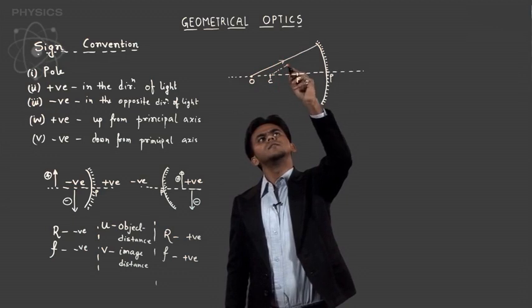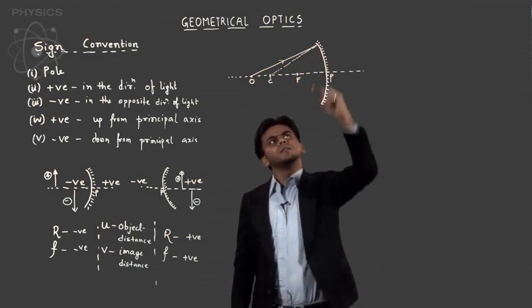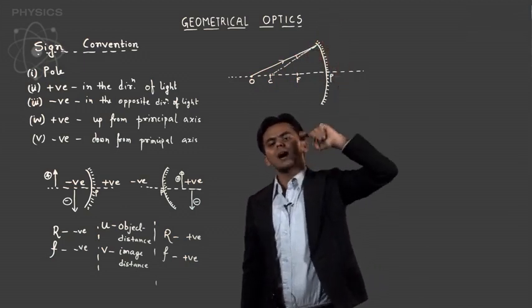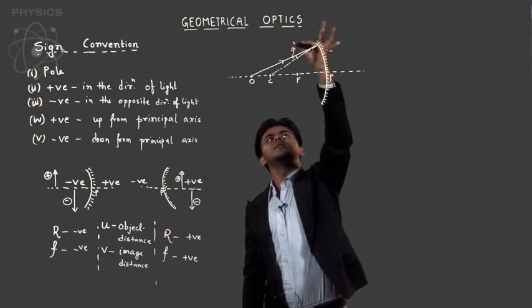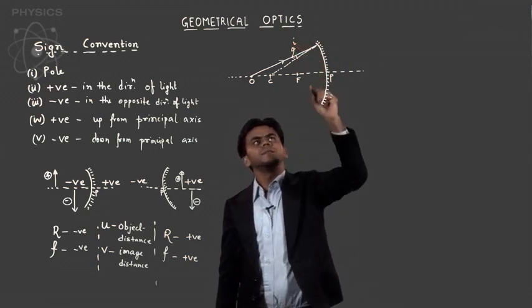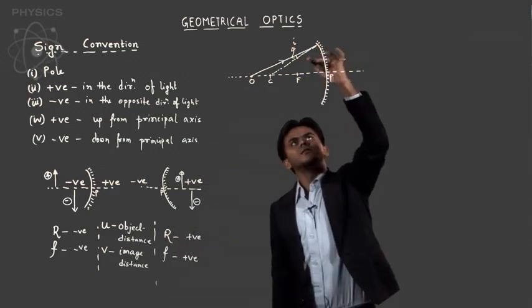For it, this is my normal. This angle over here is your I. Just write an I over here. This angle is I. I'm taking this arrow to denote the angle measurement here. The same angle would be formed by the reflected ray too.